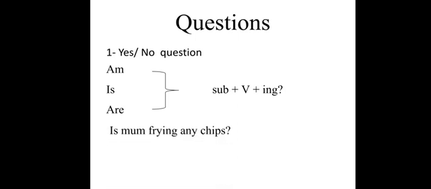Is mom frying any chips? Here, because the subject is a singular noun, we started our question with the auxiliary verb is and the verb fry plus ing. The answer will be yes or no. Yes, she is, or no, she isn't.